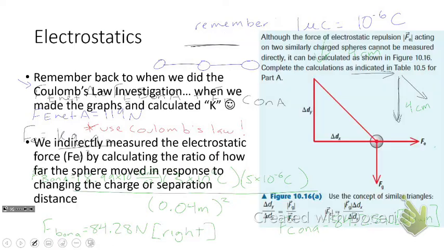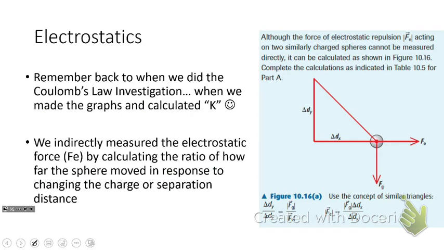All right. Okay, so again, just don't forget about this. We did the Coulomb's law investigation and we made the graphs and calculated K. We indirectly measured the electrostatic force by calculating the ratio of how far the sphere moved in response to changing the separation or the charge.